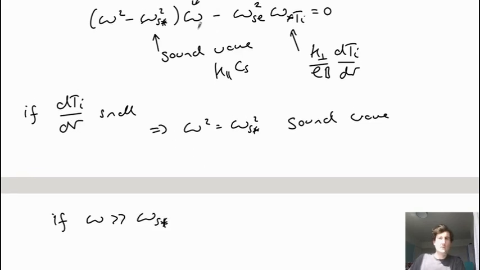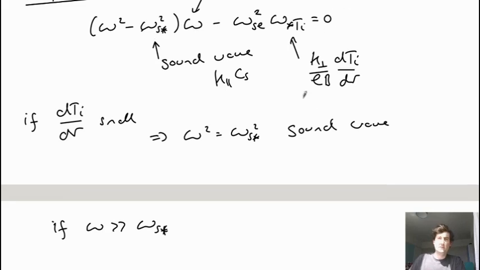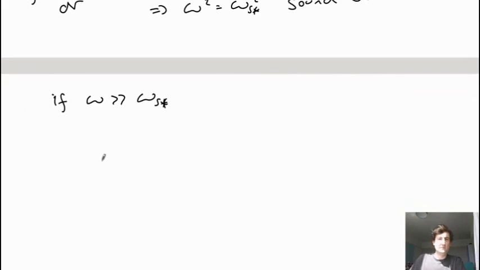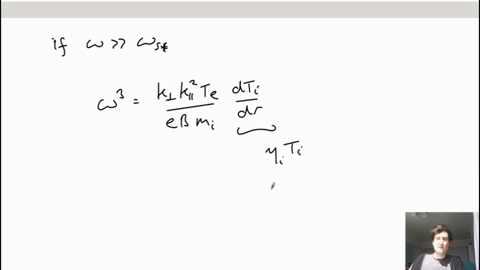then we can ignore this term here, so we end up with an omega cubed, and here we can move this to the right hand side, and we get an expression for the cube of the frequency in terms of the temperature gradient. And so this temperature gradient is often replaced by eta I times the ion temperature, and hence it's also known as the eta I mode.